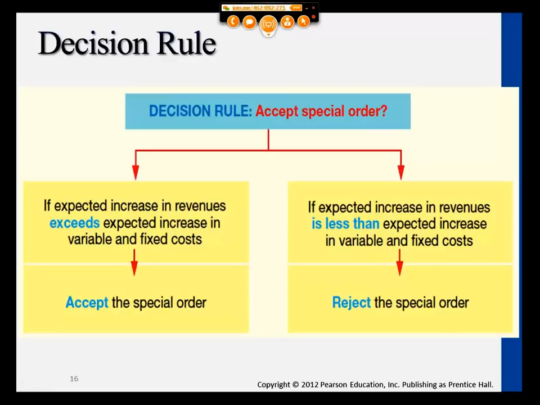So it's a little math, a little logic. Are you accepting or are you rejecting? For that, we just learned how to calculate. We have all the tools on hand. We can understand, is our variable and fixed cost going up or down? What's happening to revenue? And so we can make a decision whether we're accepting or rejecting that special order.